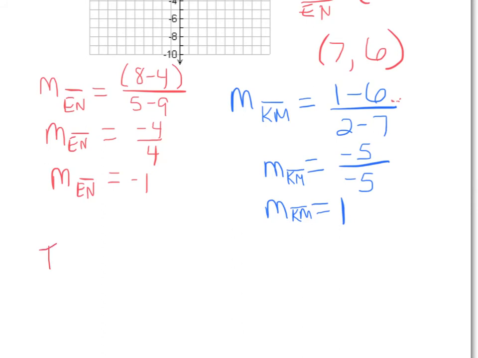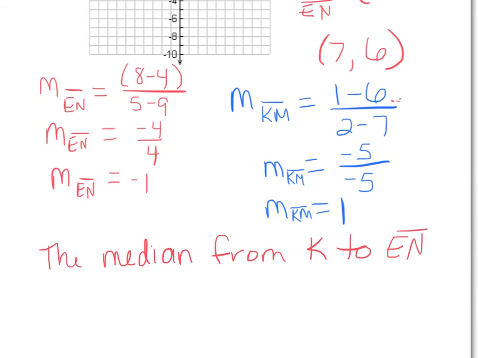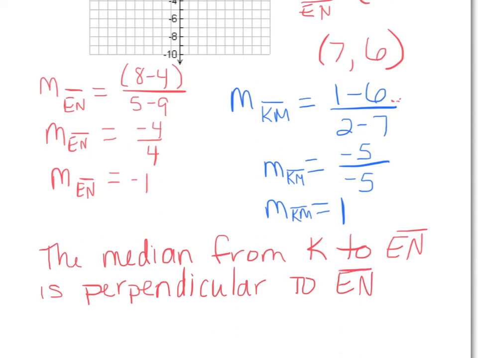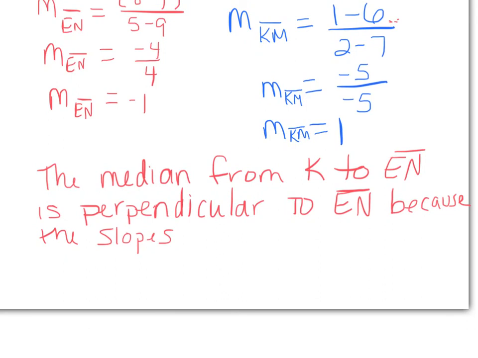All I have to say is that the median from K to EN is perpendicular to EN because the slopes are negative reciprocals of each other.